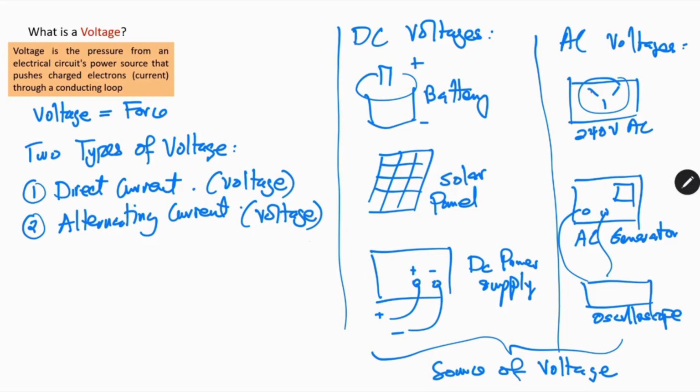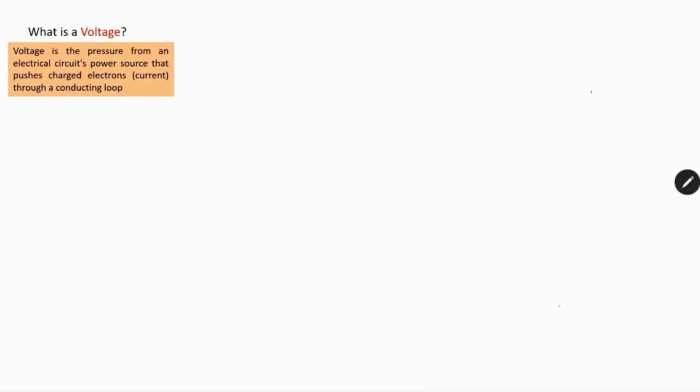So we have DC and AC voltages. Now let's look at the difference between the two in terms of the waveform diagram. With the waveform diagram, it is very easy for one to study and identify those two types of voltages.